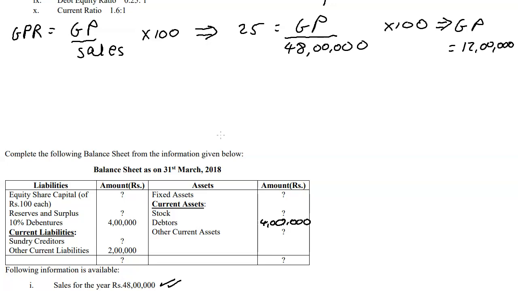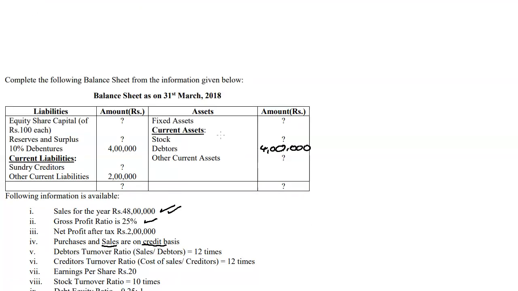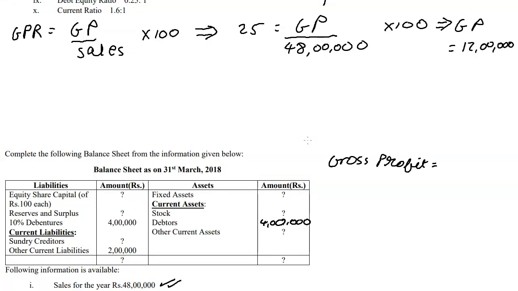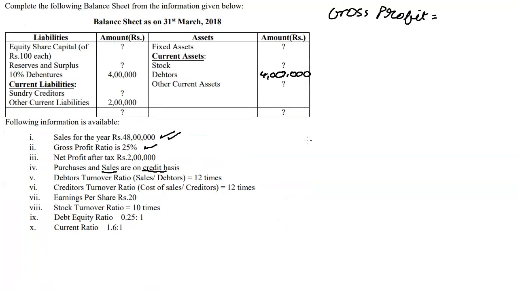Okay, it's important that the gross profit is 12 lakhs. So the data that we've carried forward, apart from the debtors being 4 lakhs, is that the gross profit is equal to 12 lakhs.